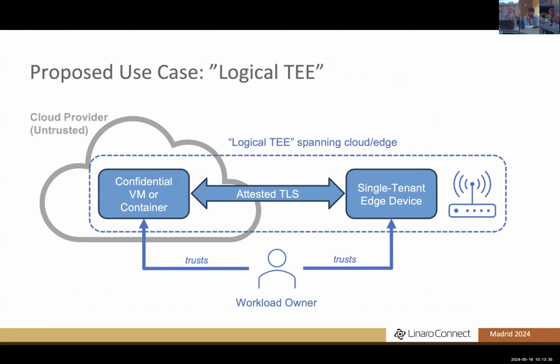It is kind of a little bit of both, right? So this is the overall idea. I work at Arm, and I've been thinking about confidential computing on the cloud and also on Arm platforms.